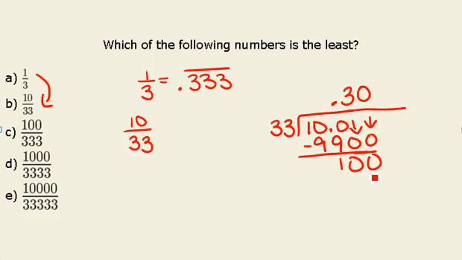And then we notice that we're back to the problem of how many times does 33 go into 100, which gives us back to 3. And we're going to see that we're going to start this repeating process again.